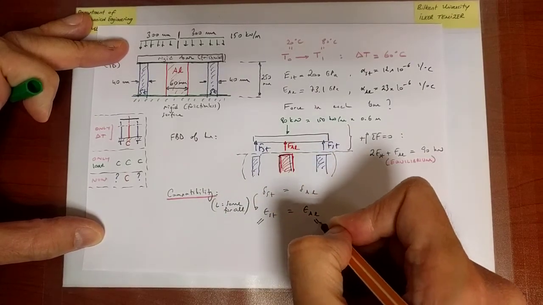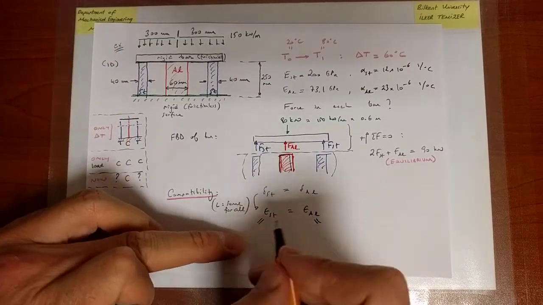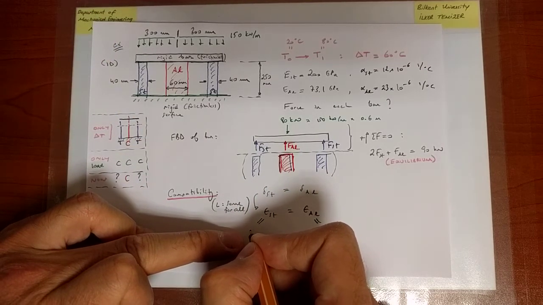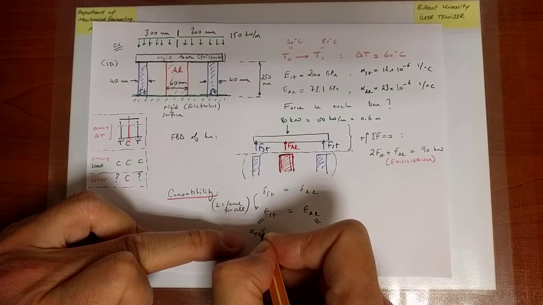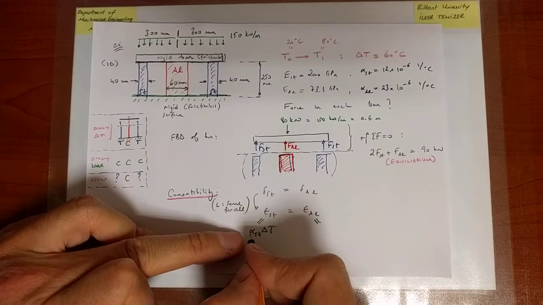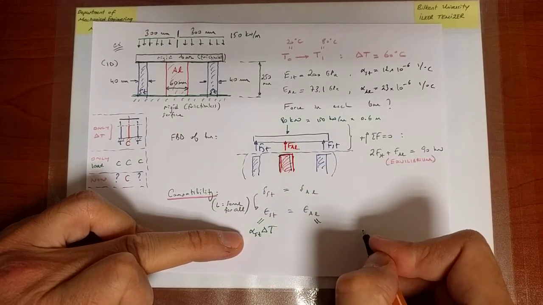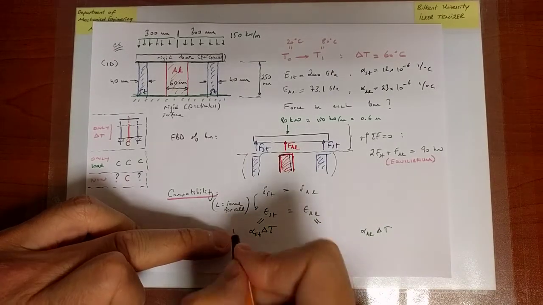Okay? Now in 1D, first of all, the strain is always, in a thermoelastic loading, going to have a contribution from the thermal temperature change, alpha delta T, and that contribution here is going to be alpha aluminum delta T.